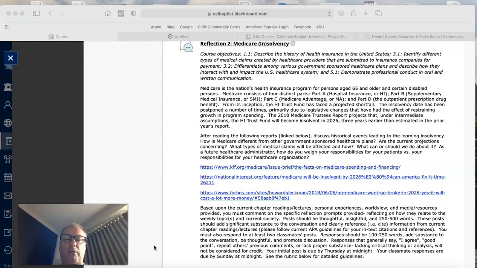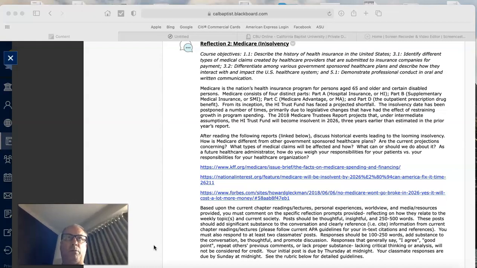So based upon the current chapter readings, chapters 3 and chapters 4, your own personal experiences, worldview, and other resources, you're to comment on the specific reflection prompts that are provided, reflecting on how they relate to the weekly topic and currently to society. Please make sure that your posts are thoughtful, insightful, that there's some critical application of critical thinking, and that's evident in what you're writing.